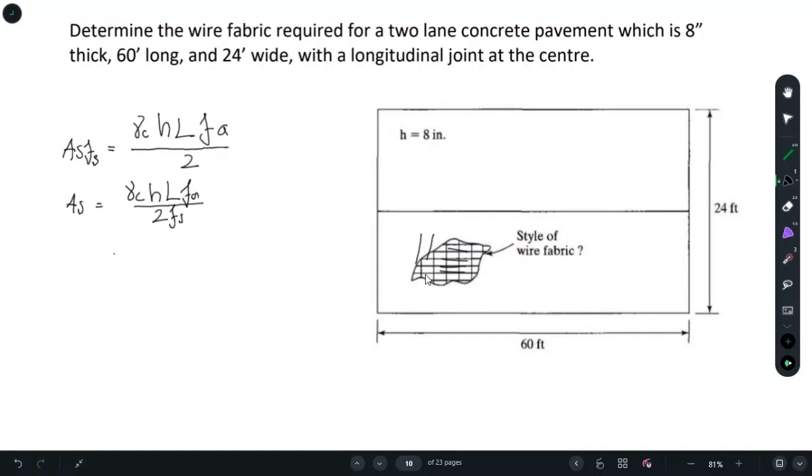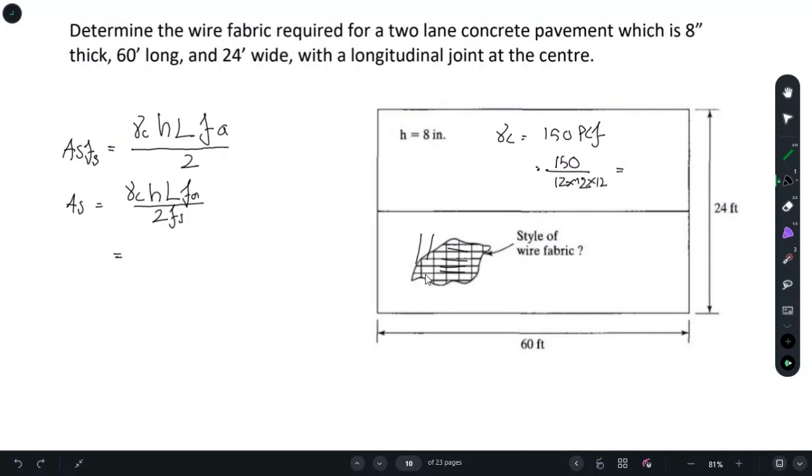Well, now we need to know the unit weight of concrete, gamma C. The unit weight of concrete, gamma C, as you all know, is 150 pounds per cubic feet, but we'll use it in terms of pounds per cubic inch. So for that, we'll divide 150 by 12, 12, 12.